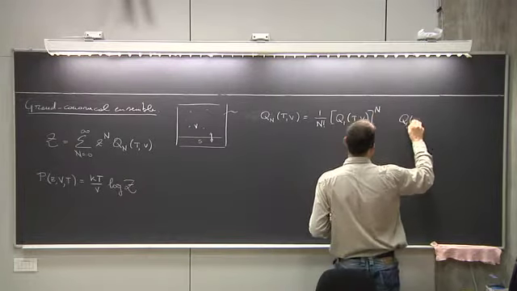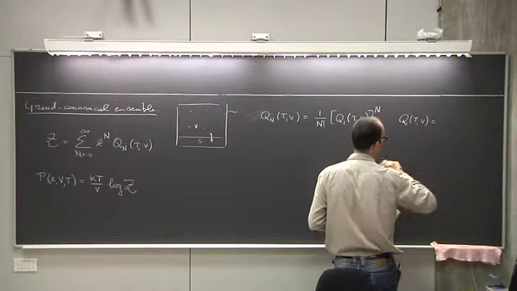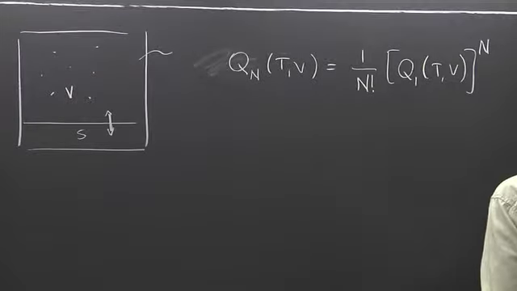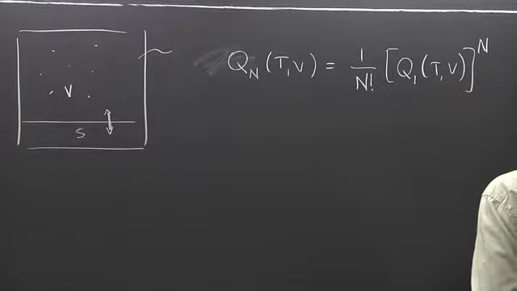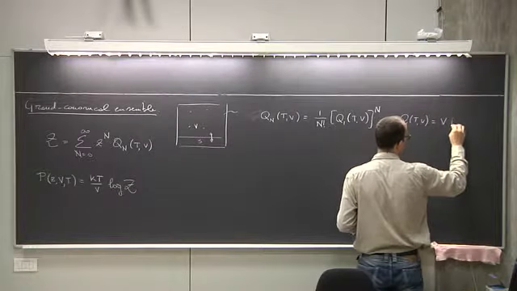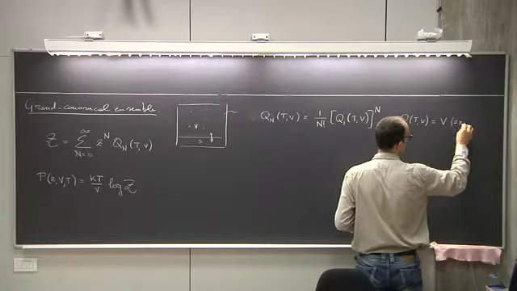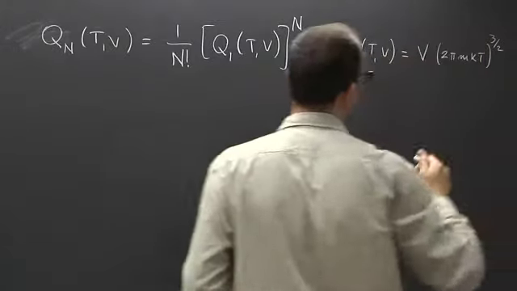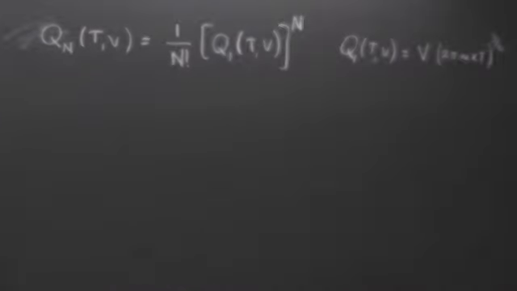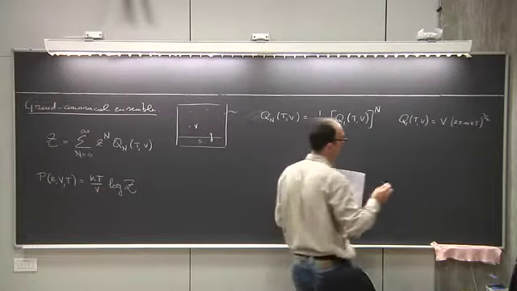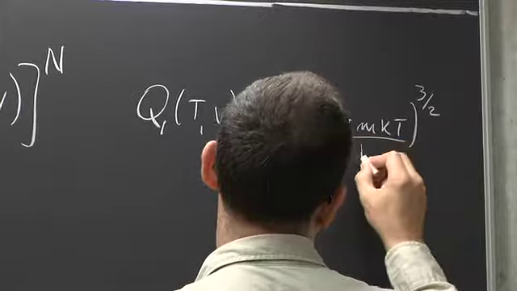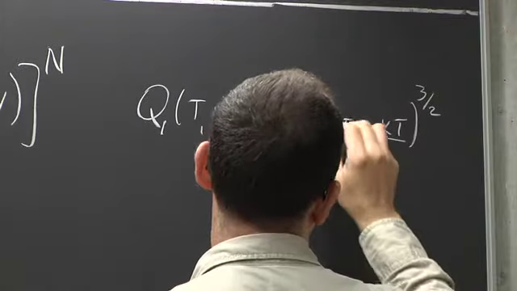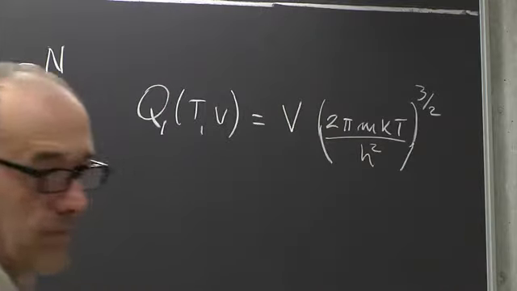And this Q1 of T and V is equal to V times a function of the temperature, which, to be precise, for a classical monatomic gas of particles with mass m is given by this expression, and there is h bar squared here, right?